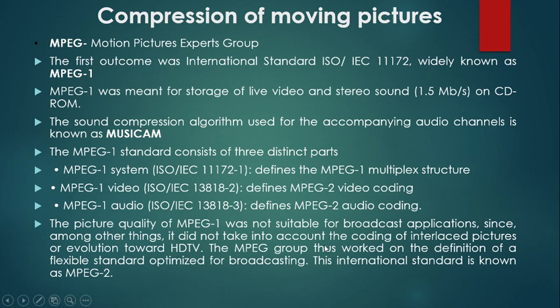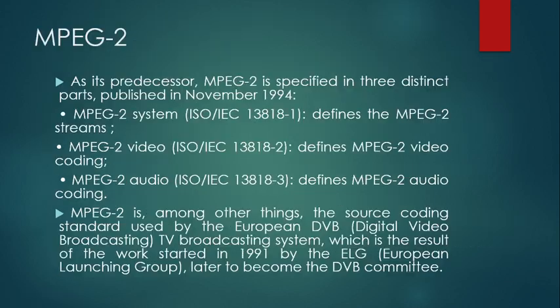That is, it does not take into account the interlaced picture scanning technique or evolution towards high definition television. So there was a need to redefine this MPEG-1 standard. So basically we will first study the features of MPEG-2.